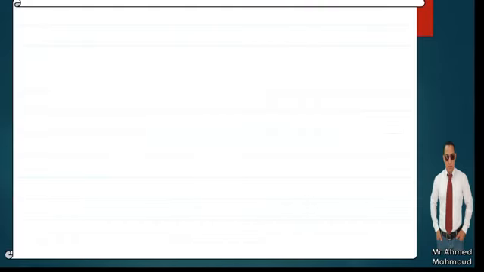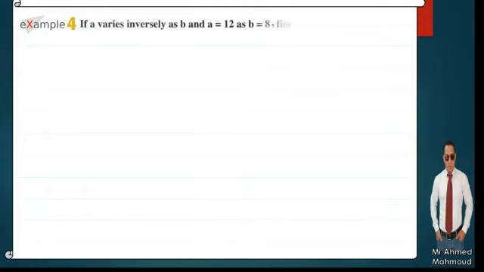Let's start to solve example 4. In this example, a varies inversely as b. That means a varies as 1 over b, like this. And a1 equals 12, b1 equals 8.